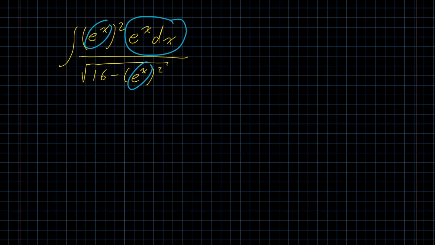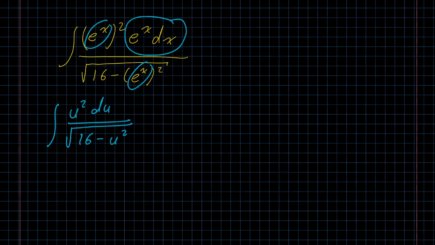And so all of a sudden, this integral has turned into u squared du over the square root of 16 minus u squared. I am no longer dealing with anything involving exponentials. This still isn't an easy integral, but at least it's not exponentials.